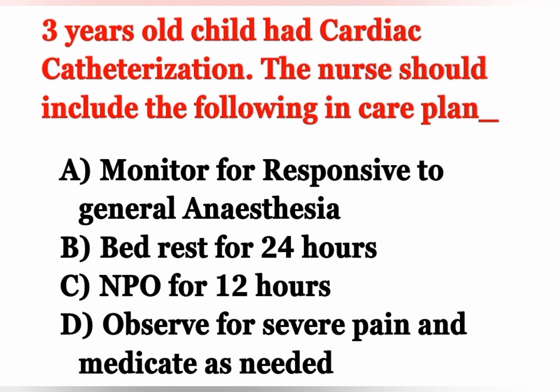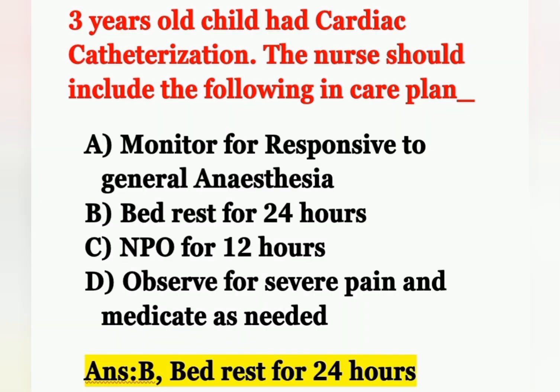And option D observe for severe pain and medicate as needed. So our question is, a 3-year-old child has undergone cardiac catheterization. As a nurse, which care among these options should she include in the care plan? The correct answer is option B, bed rest for 24 hours.